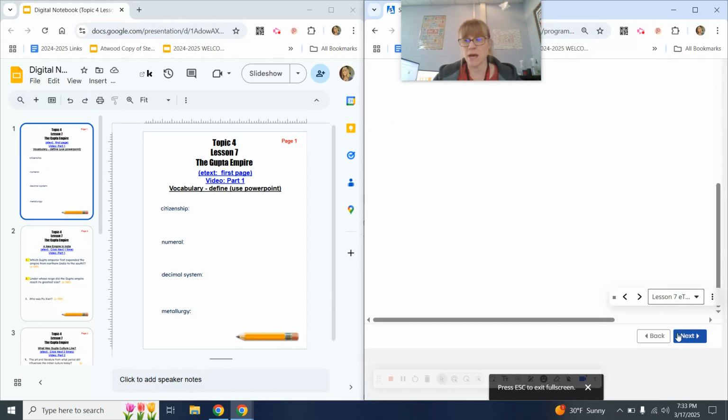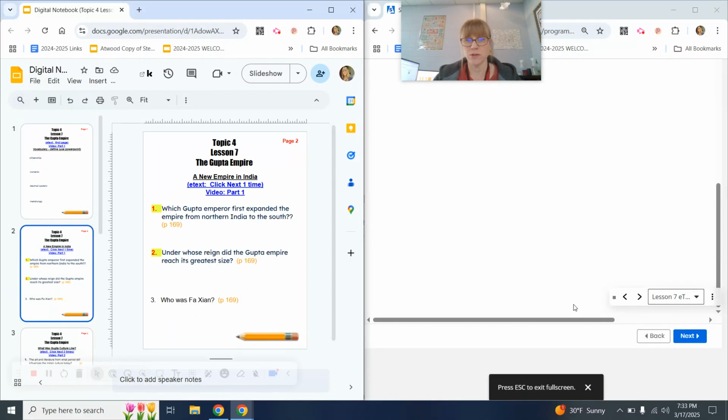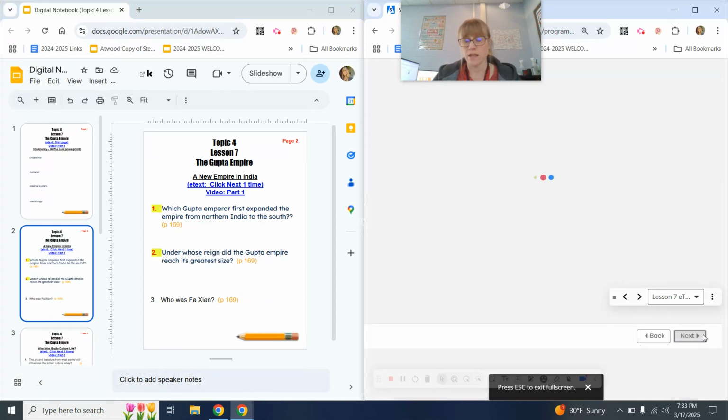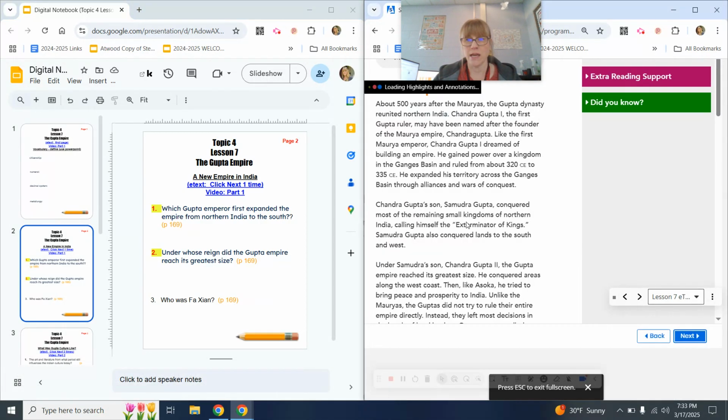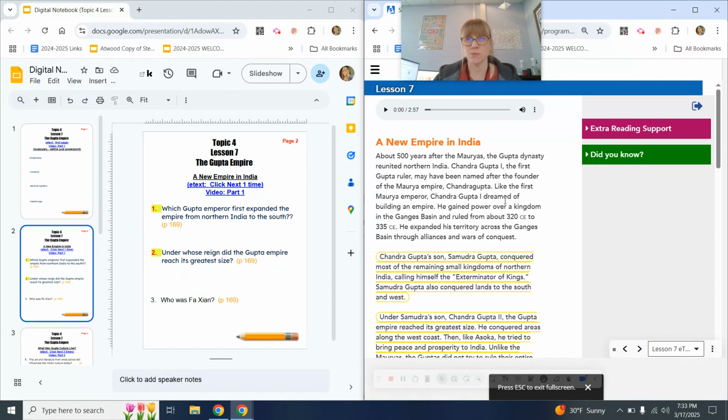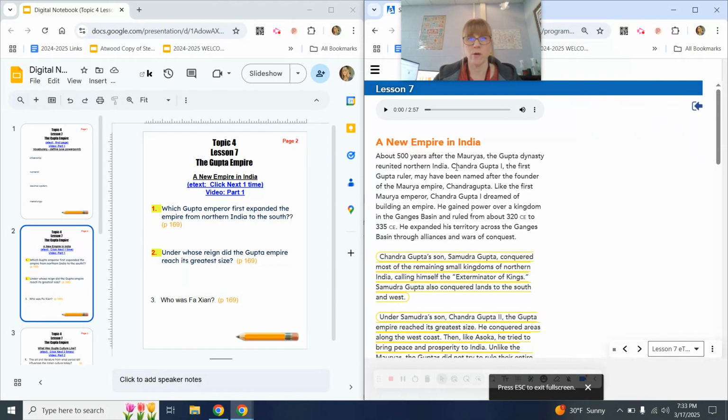All right, let's move on to page 2 in your digital notebook. Click Next in your e-text if that is what you are using. I'm going to remove that wall. The first question you'll find in this first circled paragraph: which Gupta emperor first expanded the empire from northern India to the south?